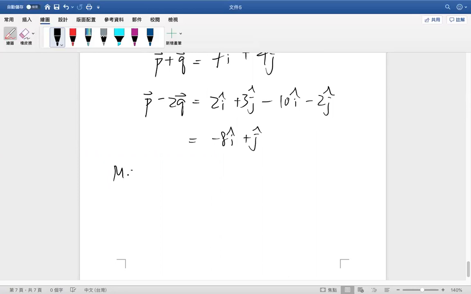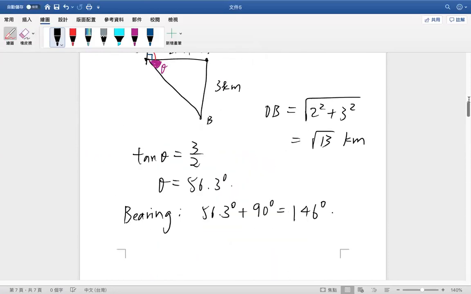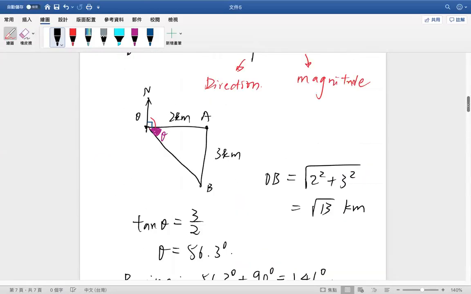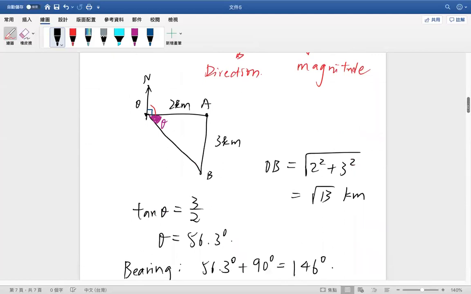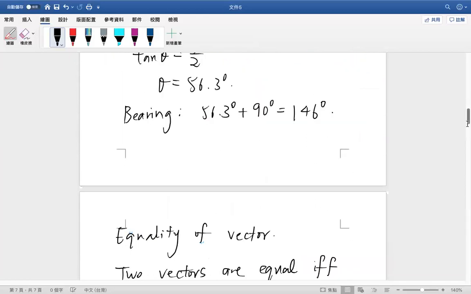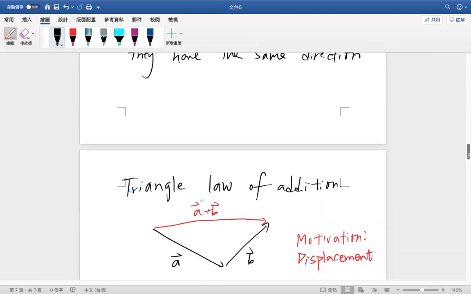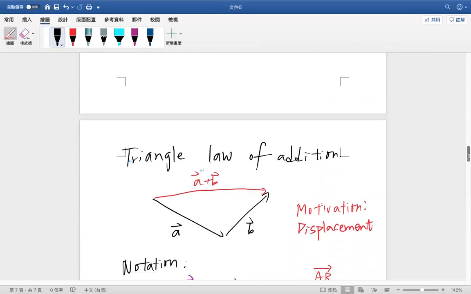The magnitude of vectors. Previously we needed to draw this diagram before we could describe its direction and magnitude, right? Actually, working with the ij notation, we can simplify this process.